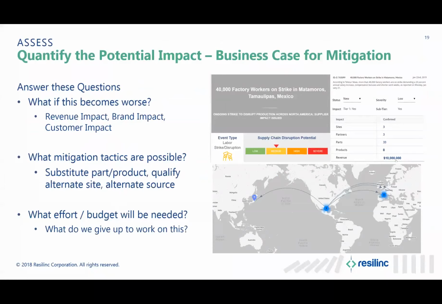Not only do we notify them about impending problems, we also help them tie events to their supply chain and quantify exactly which of their suppliers, parts, products will be impacted. Resilinc holds the patent for also quantifying revenue impact. That's another way where we are also helping our customers.